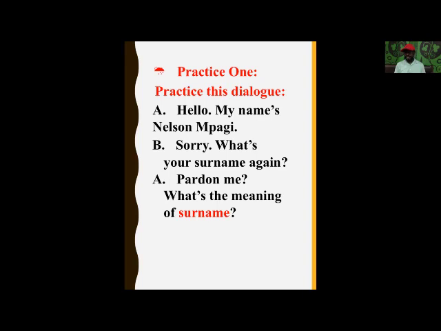But that's not your name. That's my name. Write your real name. And remember to practice the contraction. My name's. What's, and change your voice. Sorry, what's your name again? Pardon me. Practice the dialogue. Write it down and practice it many times until you can use the contractions when you are speaking.